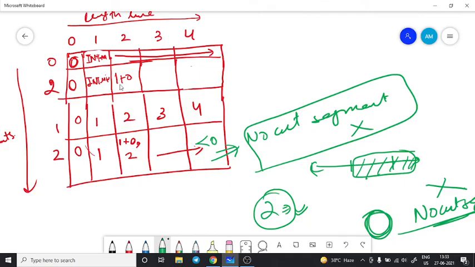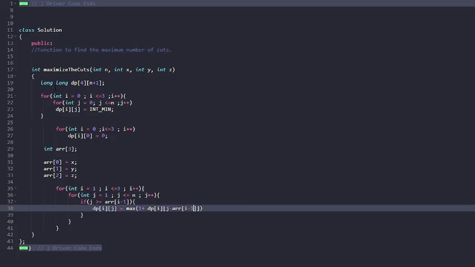For this two, I just subtracted the value, so the new length would be j minus array of I. So I would automatically reach here, and I have kept my I same. Why I same? Because as I said, I can utilize this cut segment any number of times I want. That's why I kept it same. So this was our first choice.